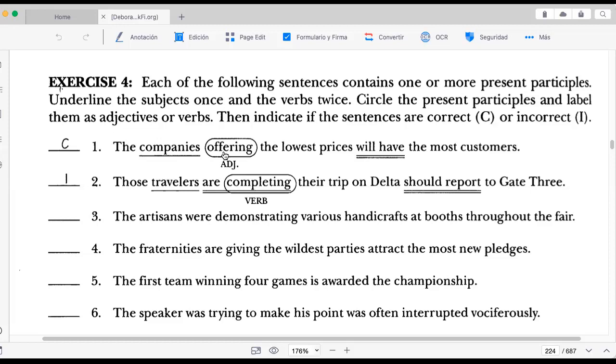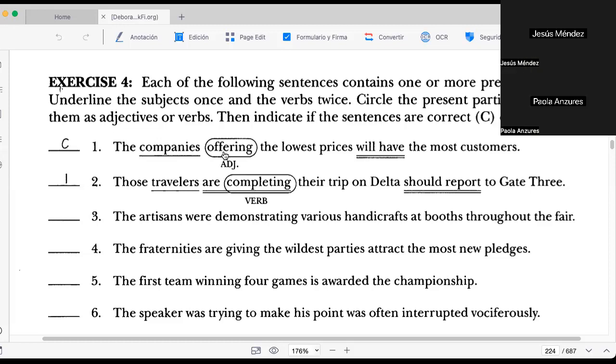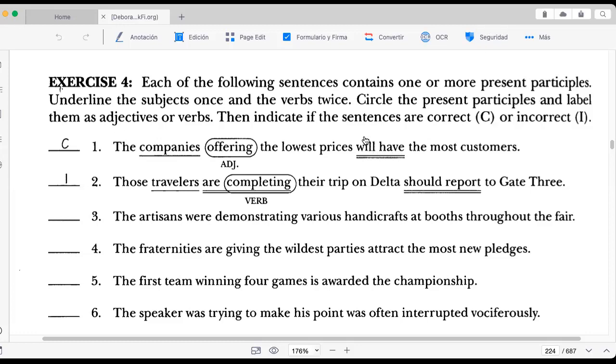So we must find what will be the verb, and the verb goes further, maybe in the middle of the sentence. And we have this, will have. That will be the verb.